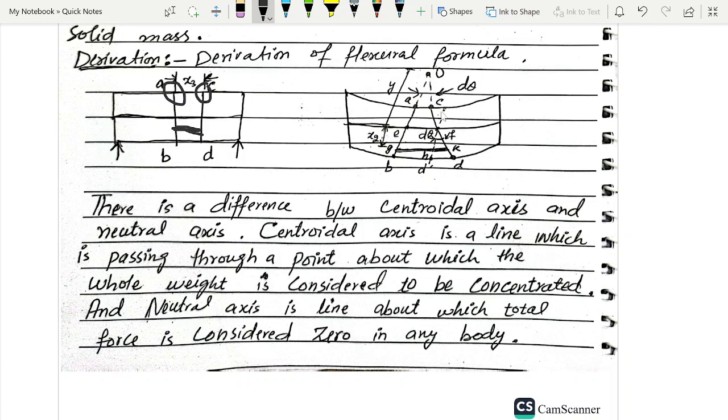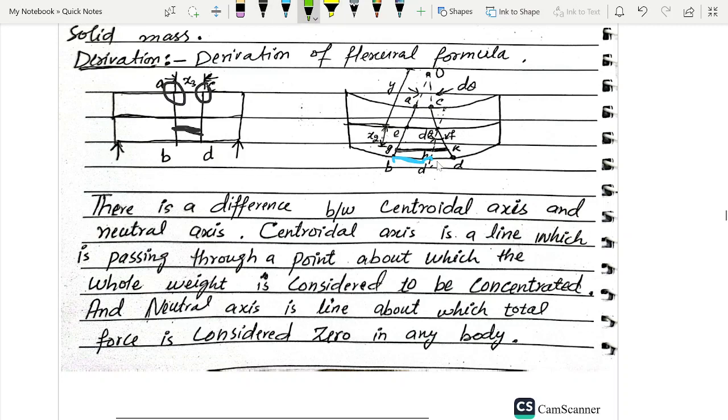So if we draw a line like this, it will cut the neutral axis, and it will cut d dash. So this is the original length, from this point to this point.